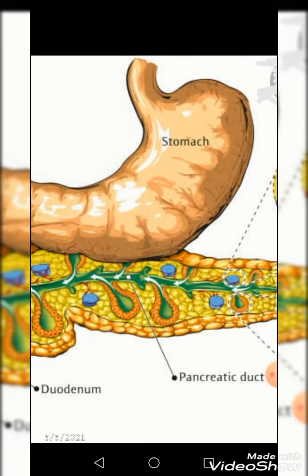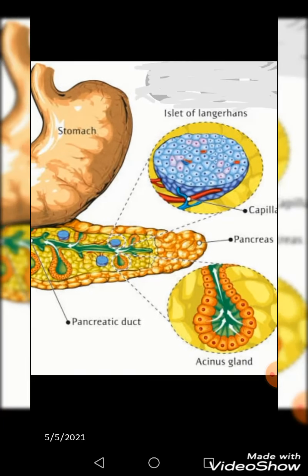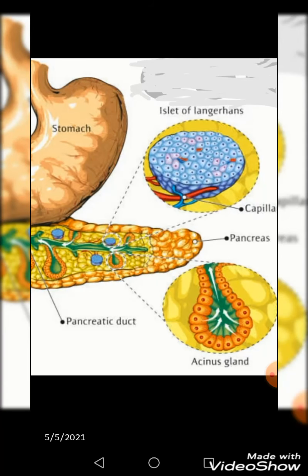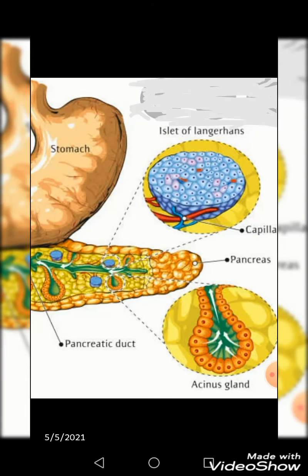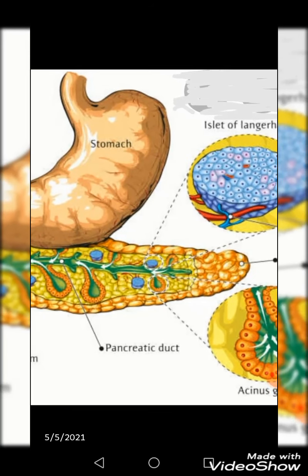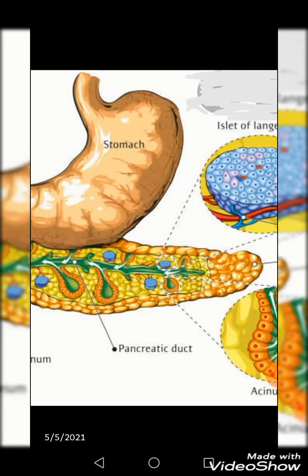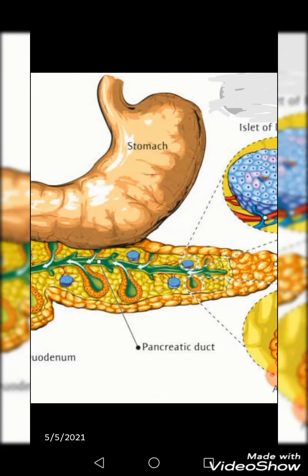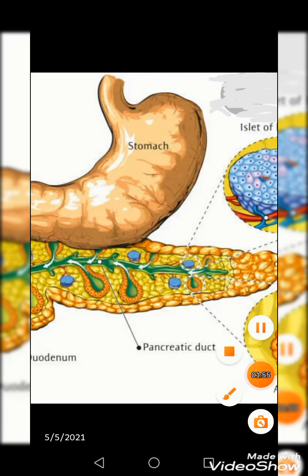So starting with the central cavity, the centroacinar cells are squamous or low cuboidal; in the intercalated duct they are again low cuboidal; in the intralobular and interlobular ducts they become low columnar; and finally in the pancreatic duct they become stratified columnar.